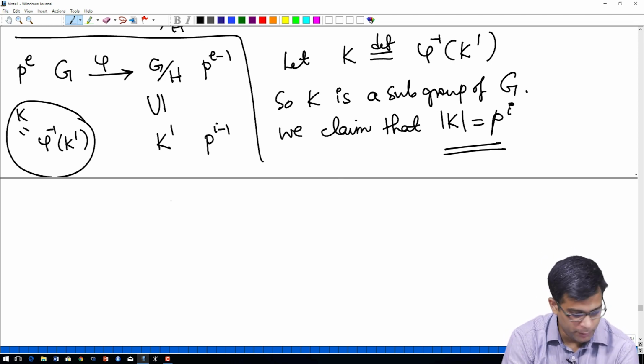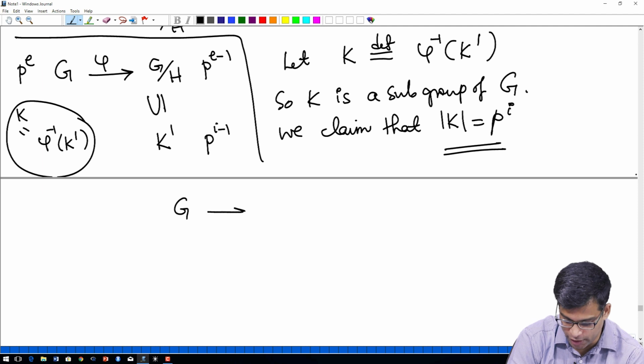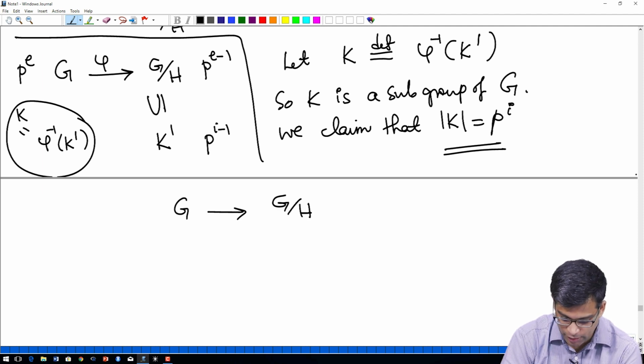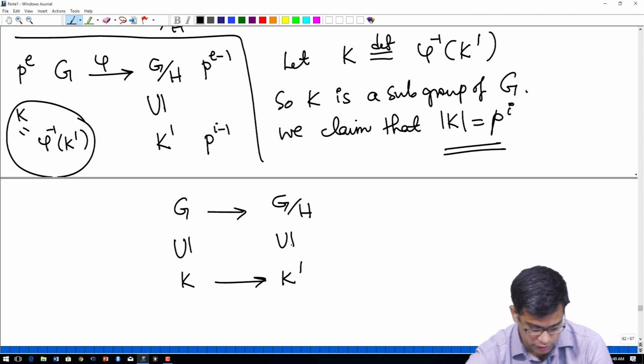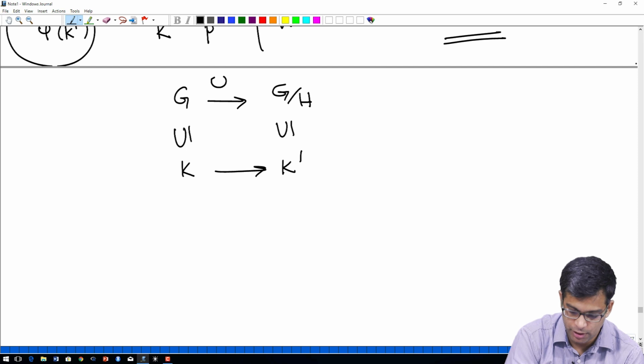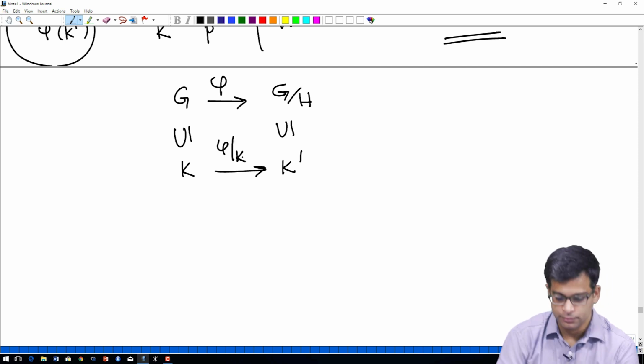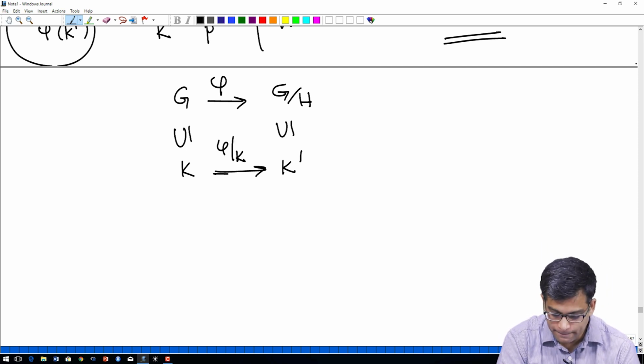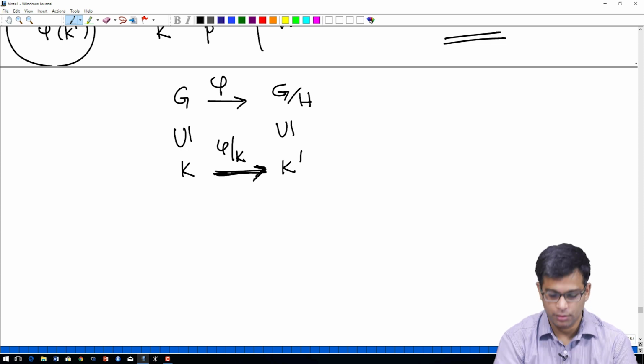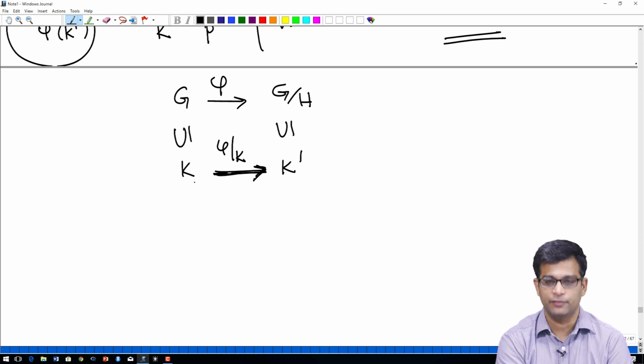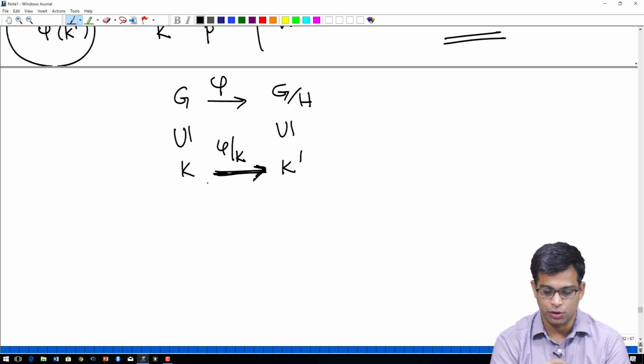Remember, we have G to G mod H, K is here, and for K to K prime we have a map, because this is phi restricted to K. And because K is the inverse image of K prime, K maps to K prime.